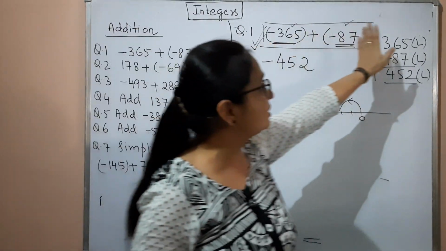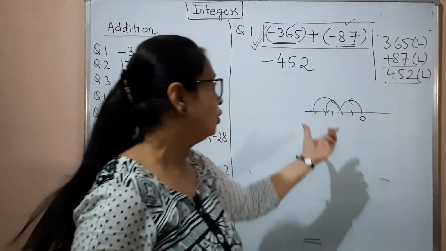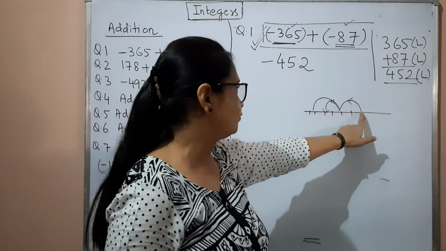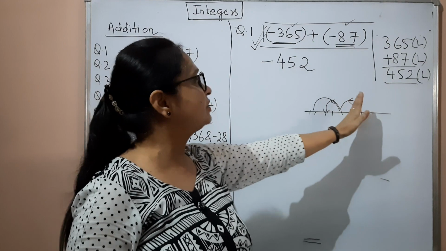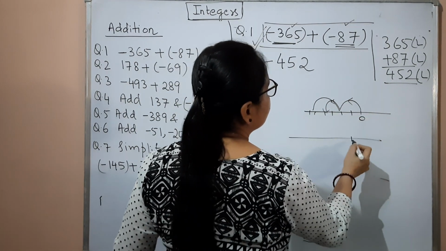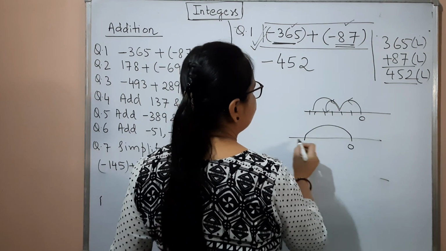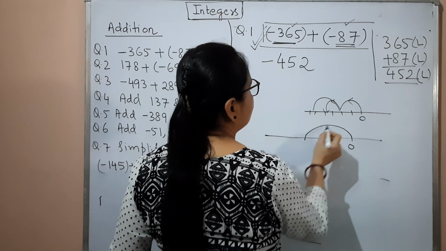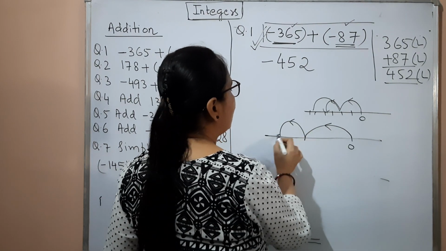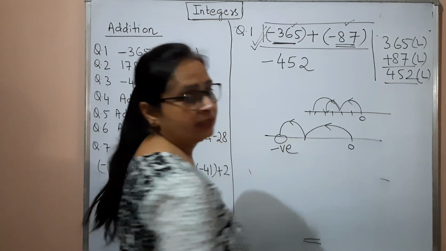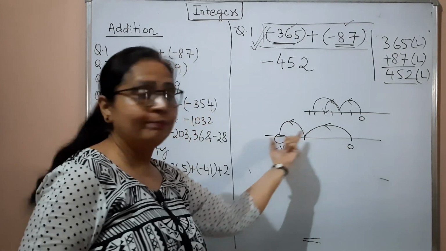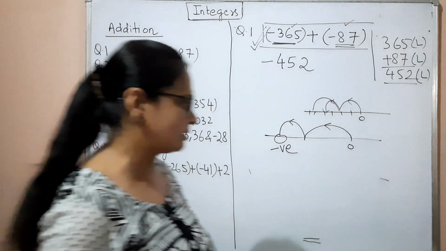If you cannot understand this loss and profit method, we have a number line which we have already studied. We know we start from 0. Since it is a negative side, you go 365 on the negative side, and again in this direction, again 87 on the negative part. So you are going to get a negative answer, that is for sure. So how much negative? Whatever negative comes by combining both, that answer you will get.